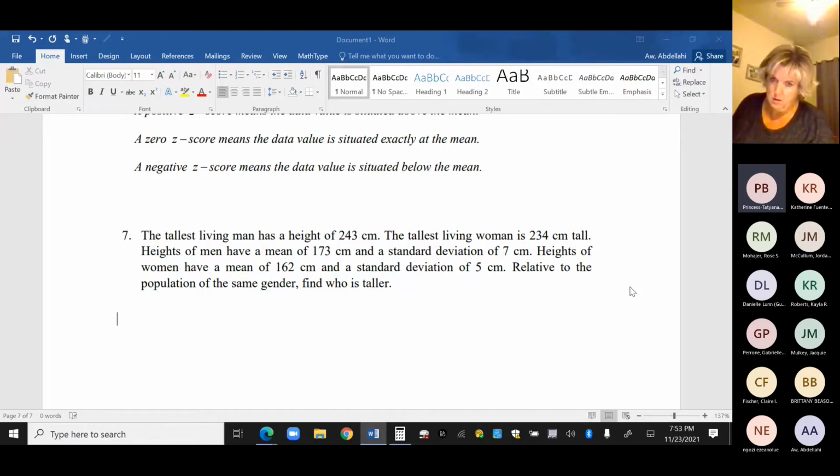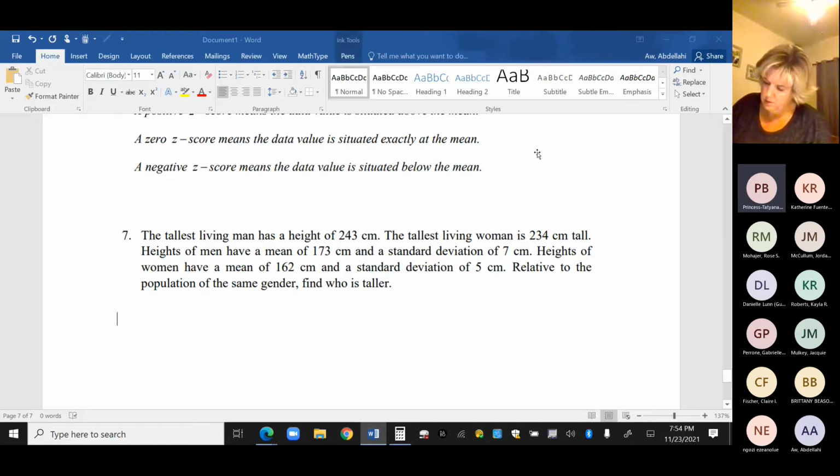The height of men has a mean of 173 centimeters. That is the average height, and the standard deviation is 7 centimeters, okay? The height of women is 162, and the standard deviation is 5 centimeters. Relative to the population of the same gender, who is taller?